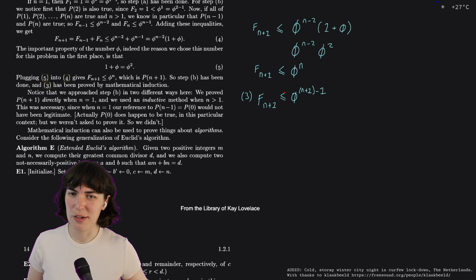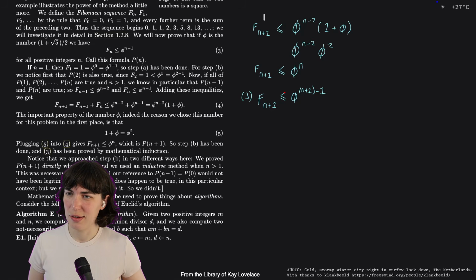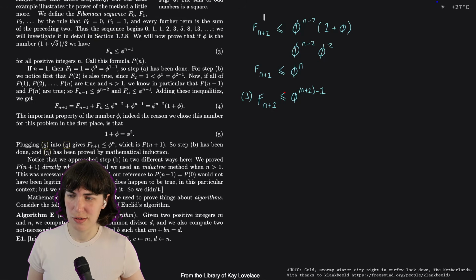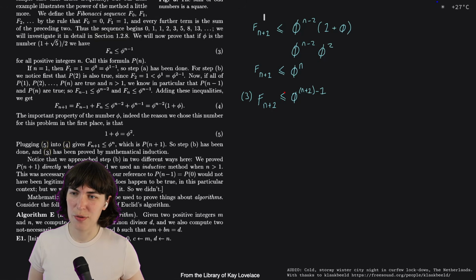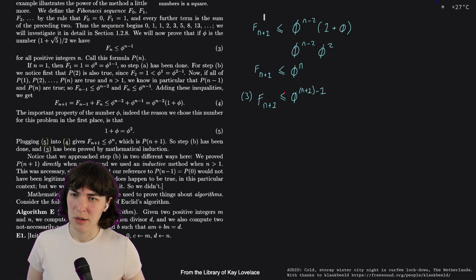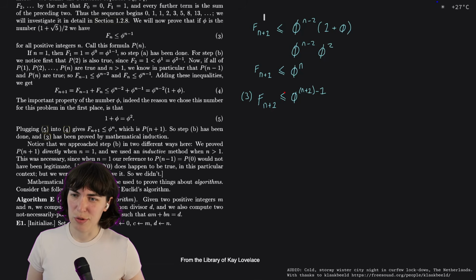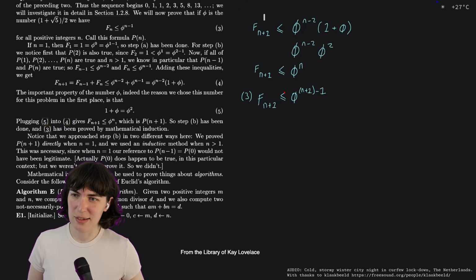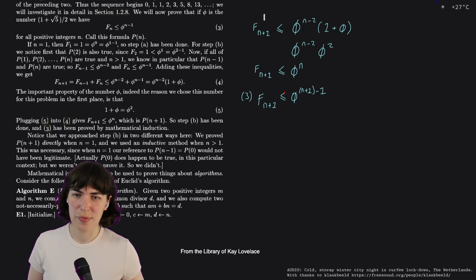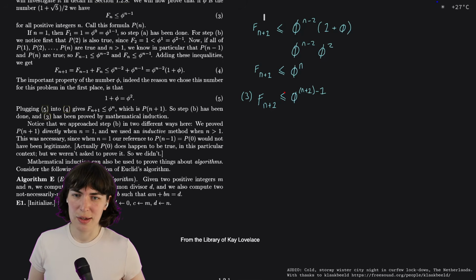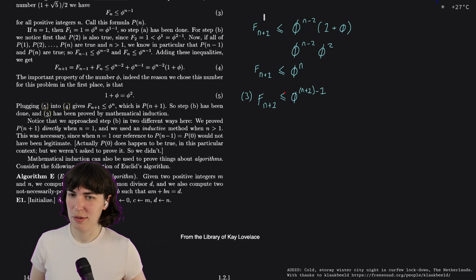So step B has been done. So we have proved that supposing P1 through Pn are true, and n is greater than 1, and it's an integer, then in that case, assuming that's true, Pn plus 1 is true.